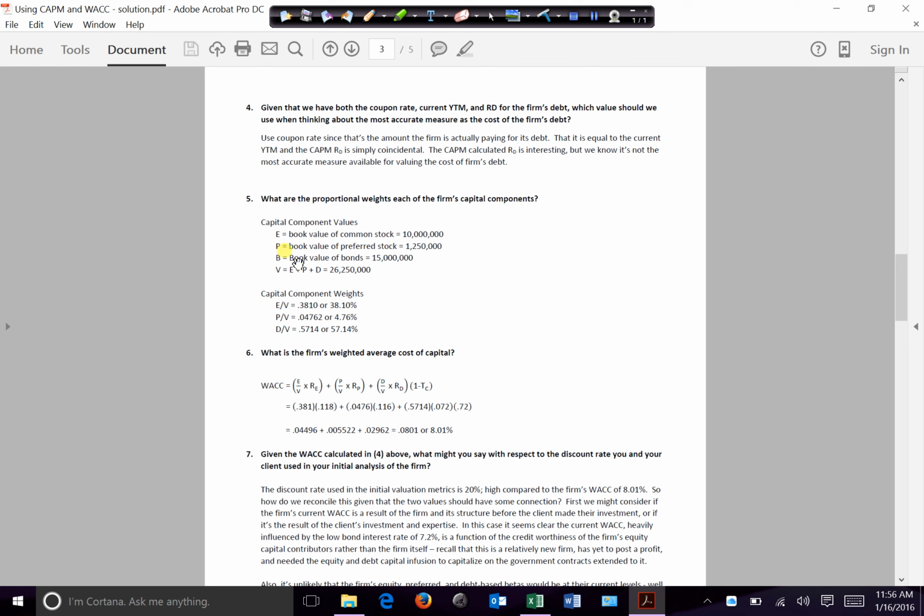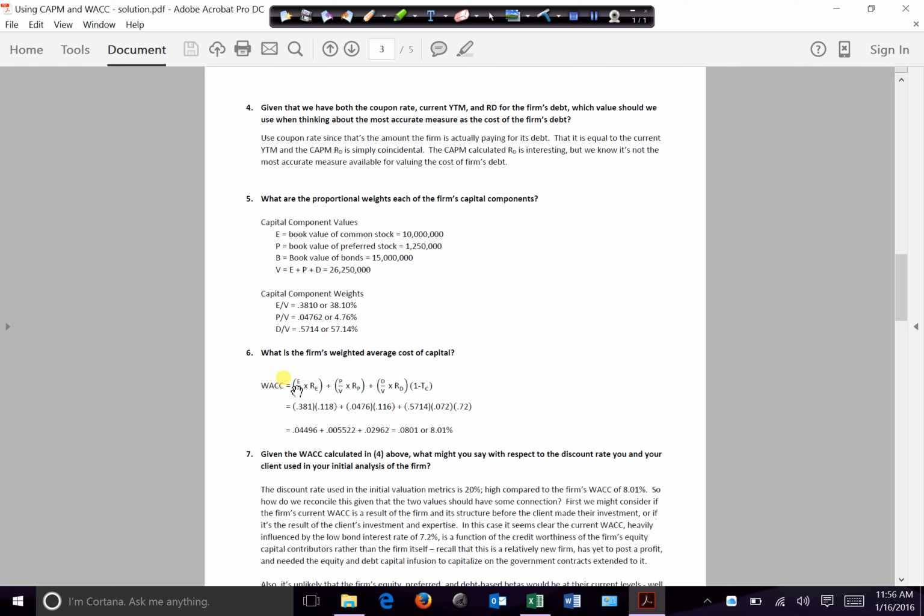But just for the sake of practice, I'm using these as book value weights, not market value weights. But we used market value opportunity costs for RE, RP, and RD because we got those from the CAPM. So I'm kind of mixing an apple and an orange here, which you normally wouldn't do, but I'm just using it for the sake of this exercise so you can see what these different calculations are.